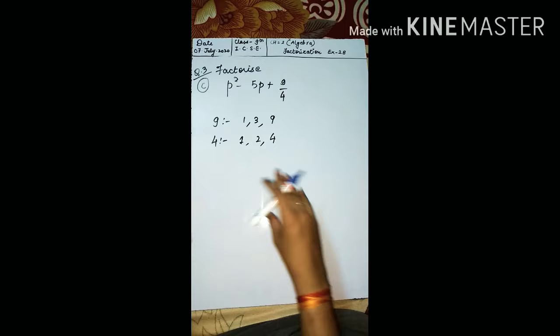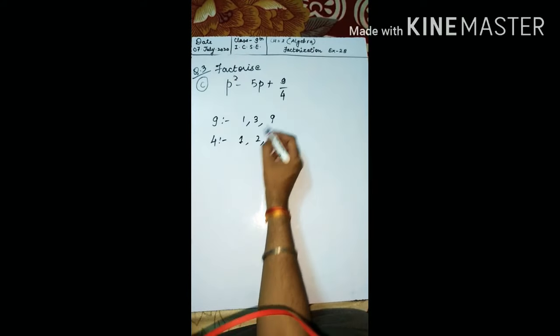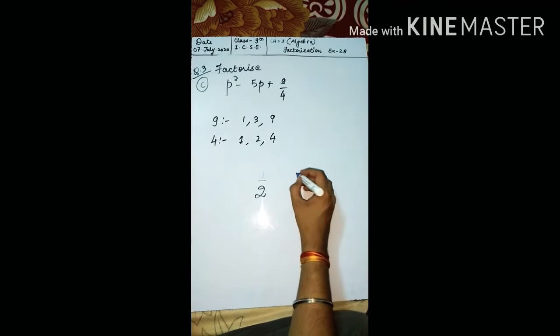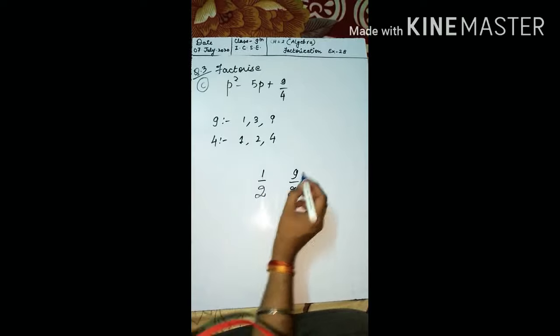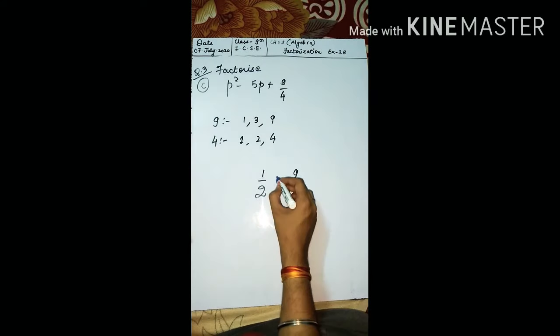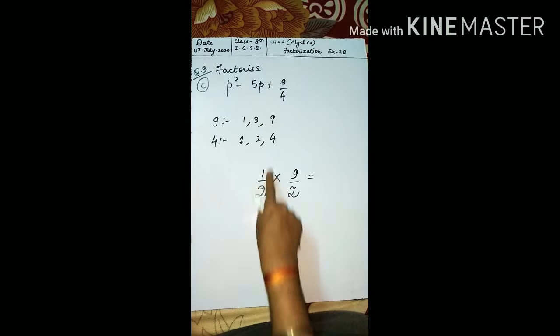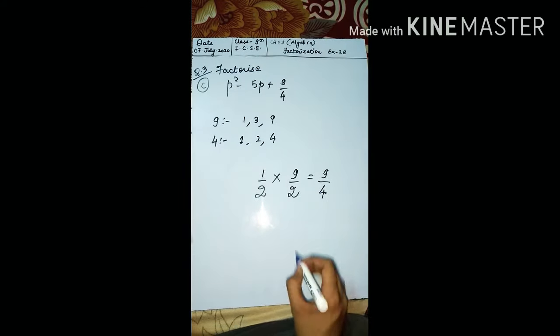So I'm directly telling you how you can get it on multiplying. I'm taking 1 by 2 and 9 by 2. We can take like this. Okay, so 1 by 2 and 9 by 2. If I multiply these two, 1 into 9 will give you 9 and 2 into 2 will give you 4.